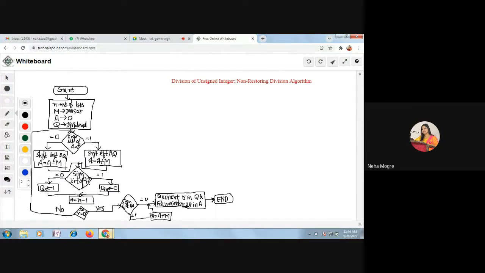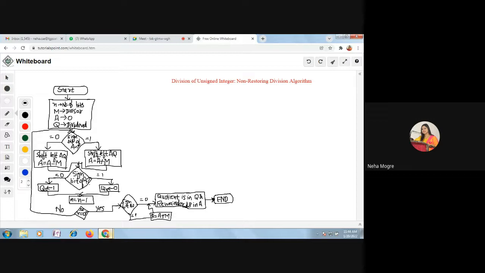Do you remember, last time in restoring, we replaced the value of Q0 with 0 and restored the value of A. That is not possible in this case, as it is non-restoring.